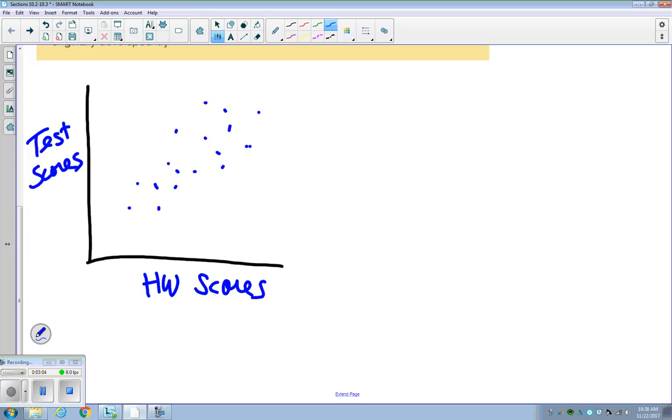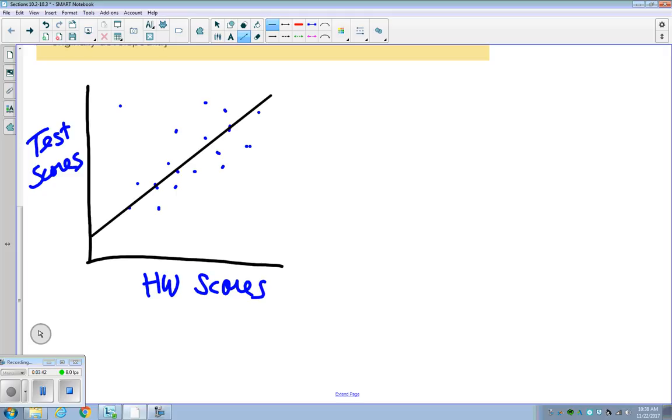We might have an outlier where they didn't have to do their homework, but they got the high score. But what a linear correlation does when we run that, it takes all of this data into consideration and creates a line, as long as it's a linear relationship. And that line might be going through the data about there. Is it perfect? Does every point lie on that line? No.